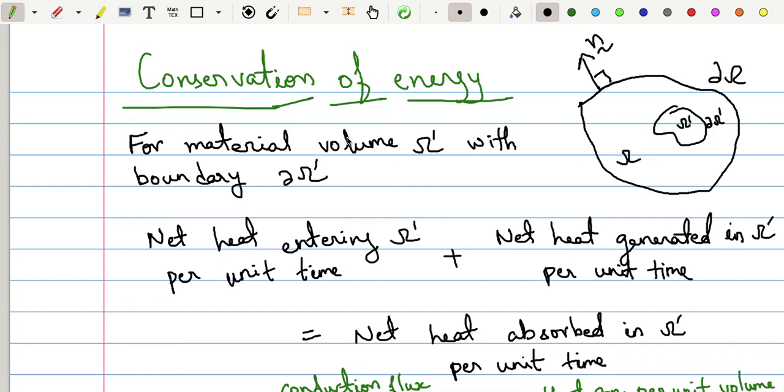Instead of control volume approach. So if omega prime is an arbitrary material volume with boundary d omega prime, what is the immediate effect of saying that this is a material volume and not a control volume?